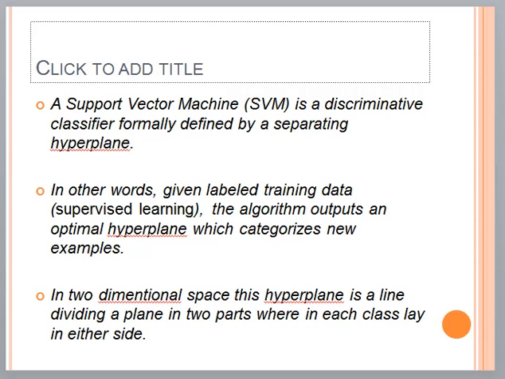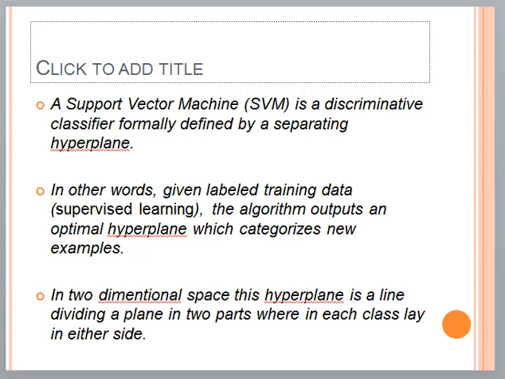So we can say that a support vector machine is a discriminative classifier formally defined by a separating hyperplane. We can define our support vector machine as a discriminative classifier, which tends to classify input dataset, or training and testing patterns, into different classes through a hyperplane or a decision boundary.